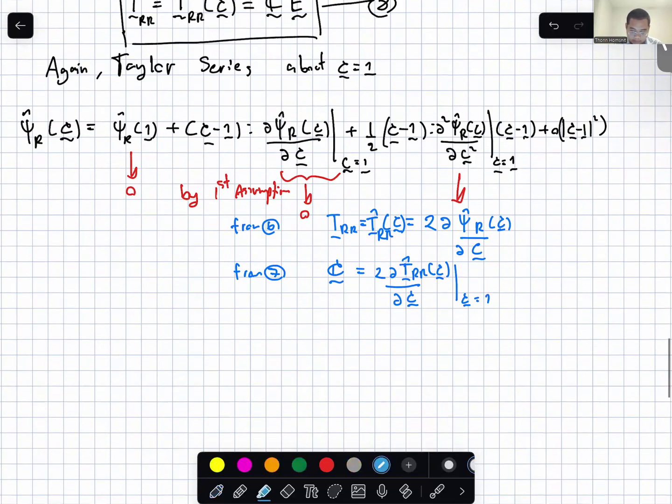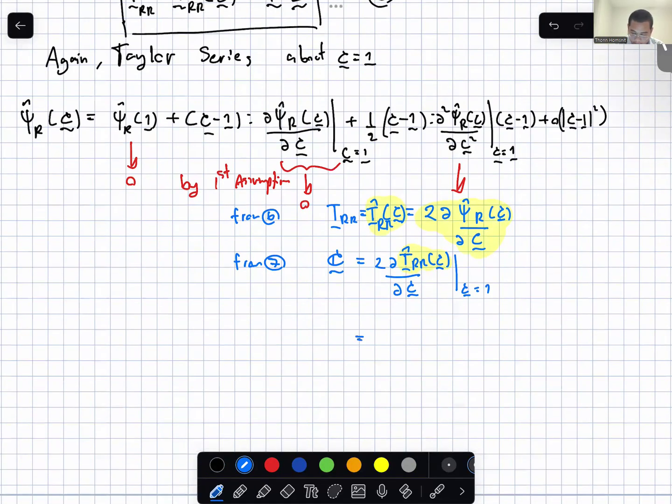Just highlighting, this one we can substitute into this one.